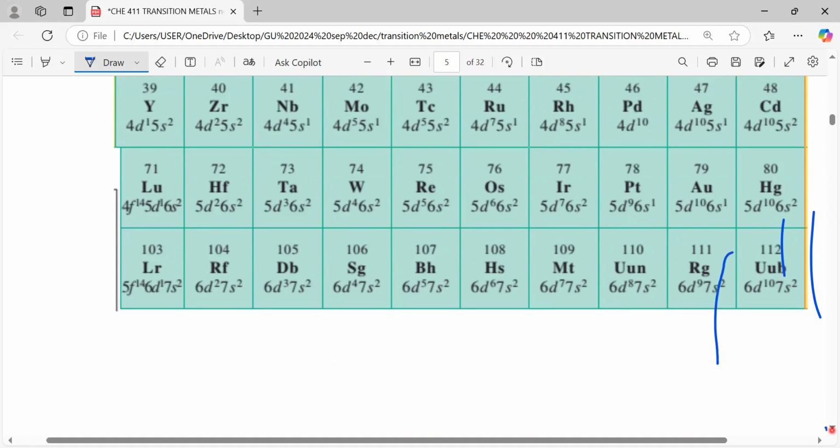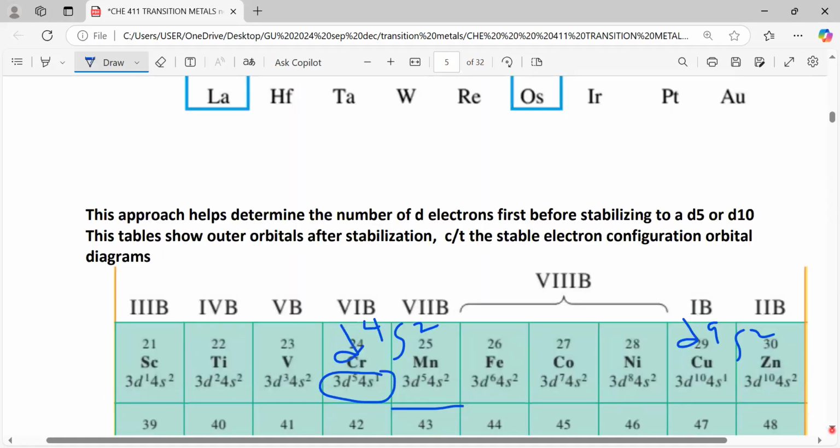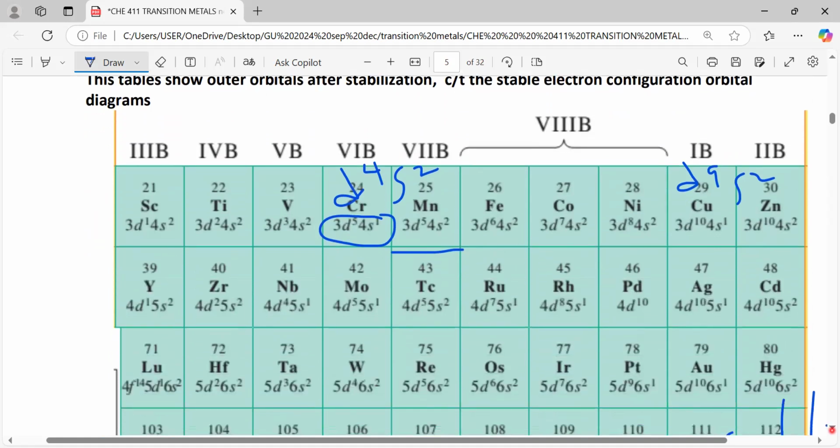So again, you are seeing the n minus 1 thing, because this is period 4, which means n equals 4. So our D will be n minus 1, which is 3, and then 4s. Then you go to the next period.